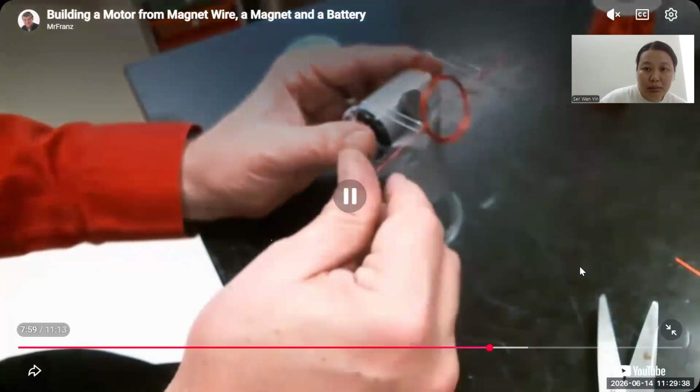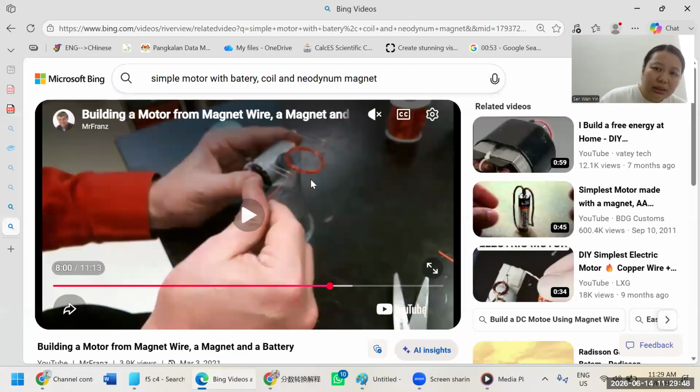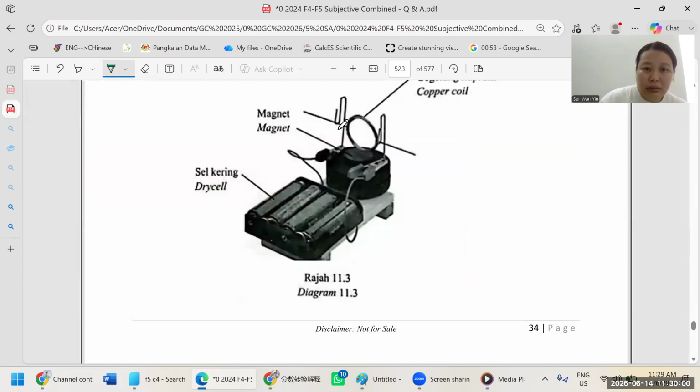You can try it at home. But the problem is I cannot get this kind of wire. What I get for copper wire is like this, and actually this very thin copper wire must be laminated. So now you understand. Actually it will move.